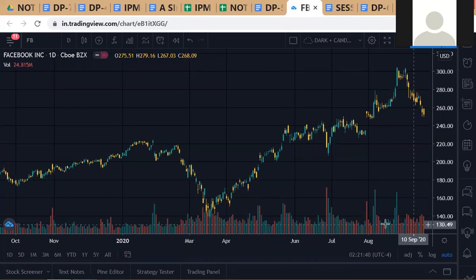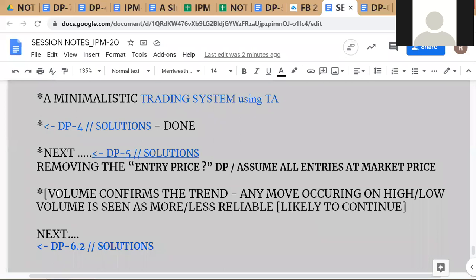So basically, volume confirms the trend, which means any move occurring on high volume is seen as more reliable. Reliable means likely to continue, and low volume is seen as less reliable. Low includes the idea of declining volume, and high includes the idea of increasing volume. So this is the answer.